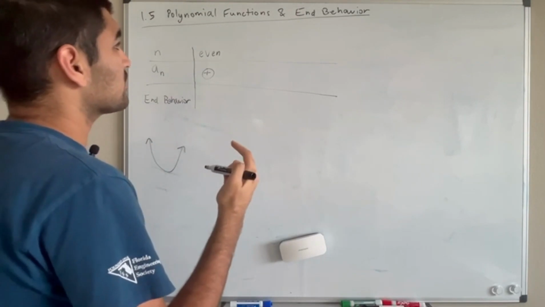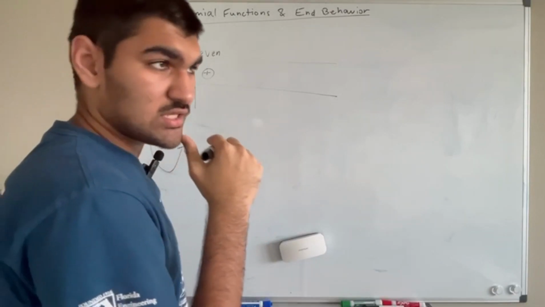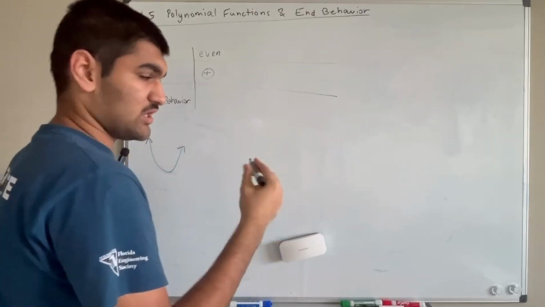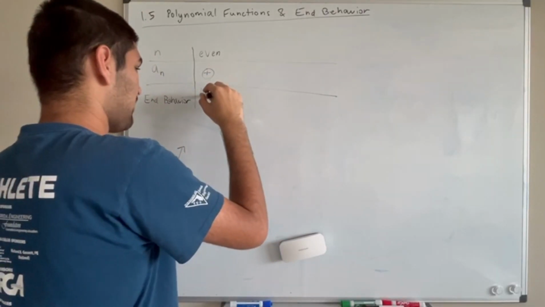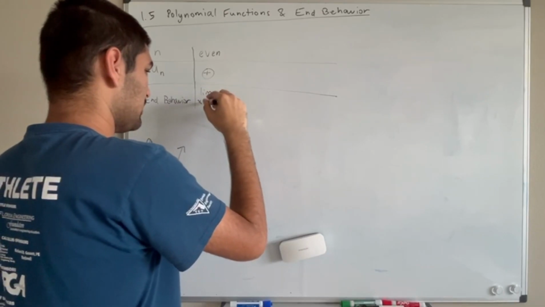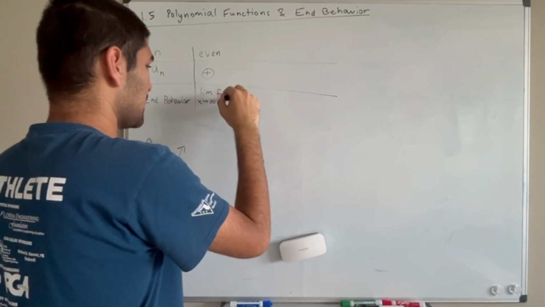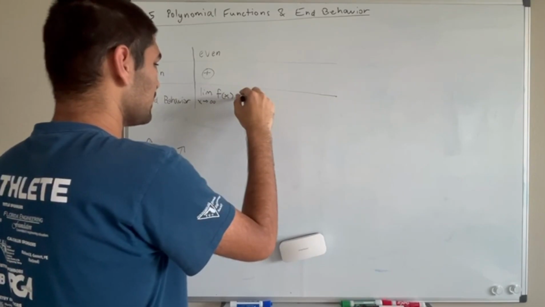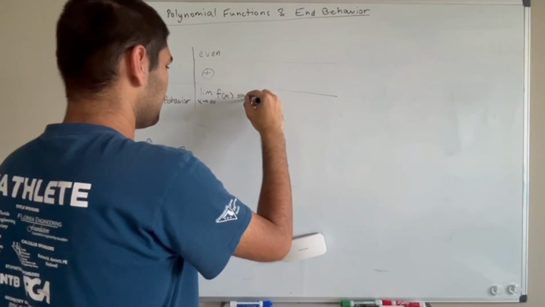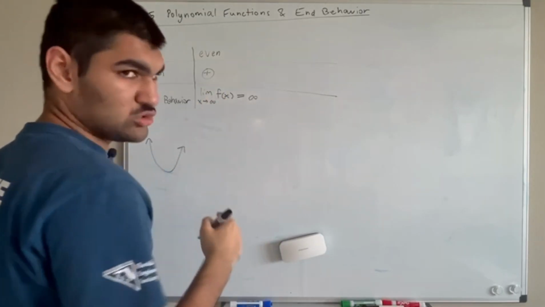The only new thing about end behavior in this section is how we express it, how we denote it. We use limit notation, which is basically we write the limit as x goes to infinity of our function, in this case f of x, is equal to whatever it is. So in this case it is equal to infinity. But we have to have two limit expressions, right?